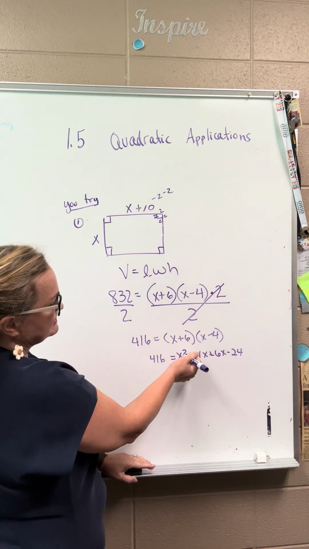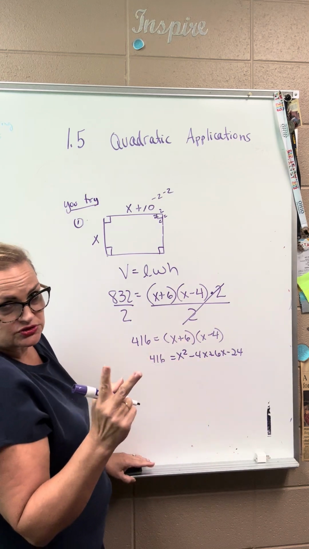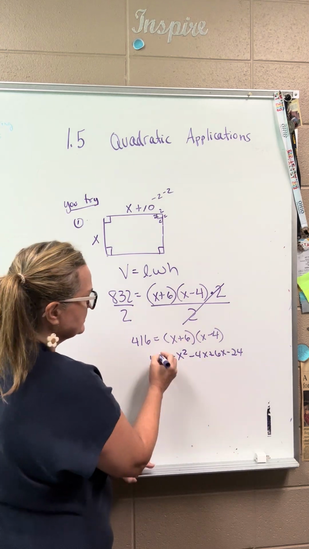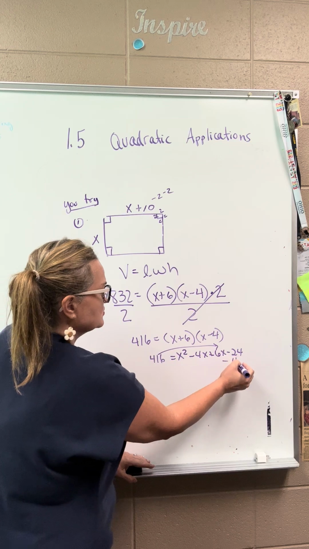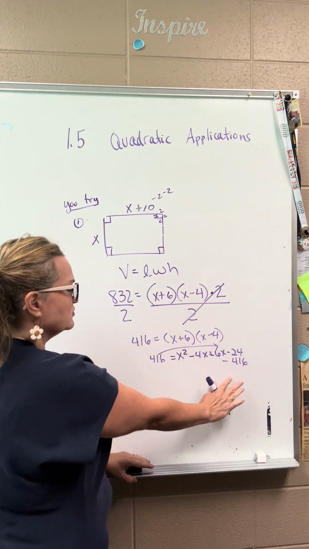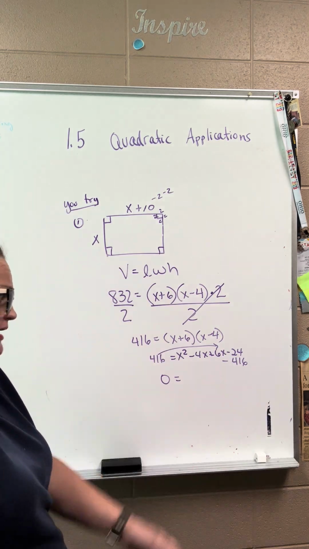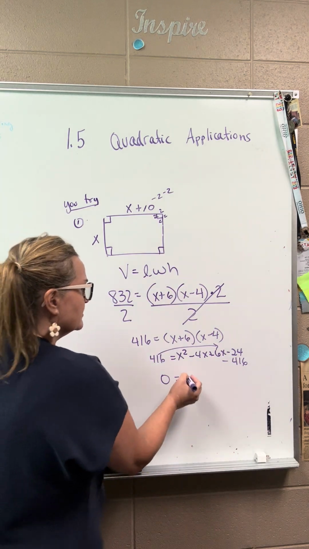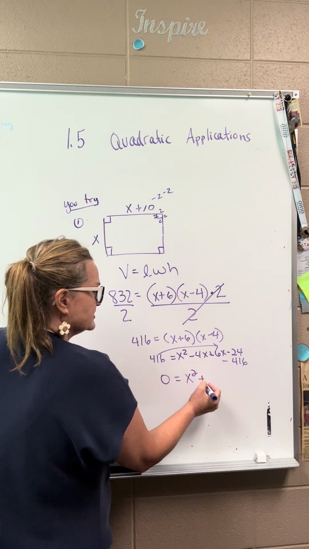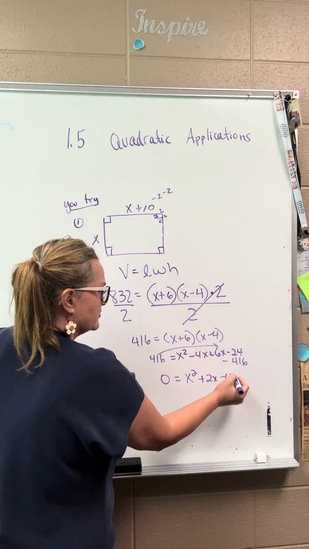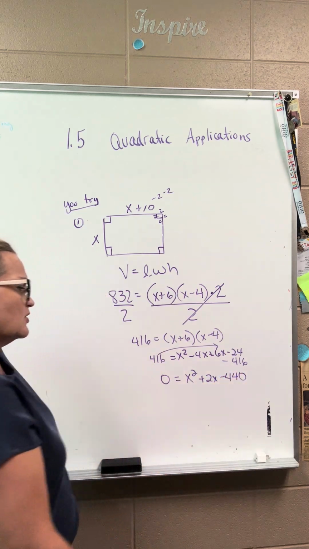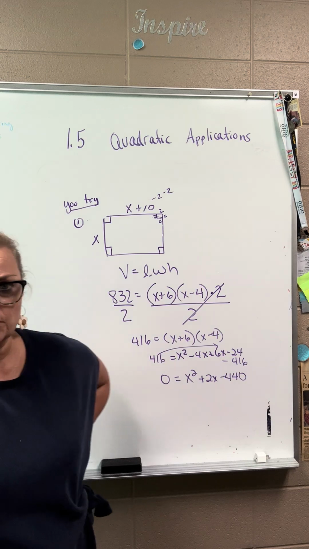As long as you have an x to the second, we're looking for 2 solutions, and we use our quadratic methods. For a quadratic equation, we always want to get everything over to one side equal to 0. So again, it can go left or right, but most of the terms were already on the right, so that seemed a little better. So that would be our quadratic equation in standard form.